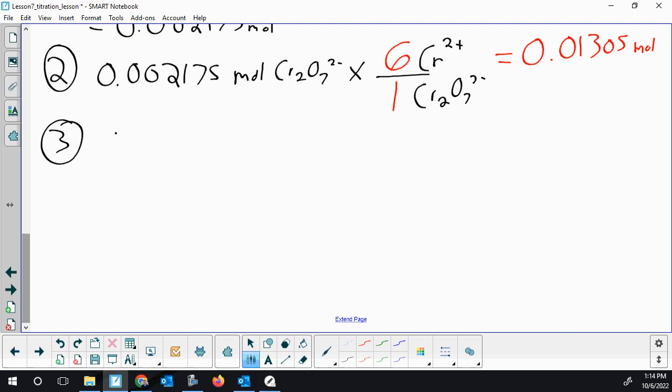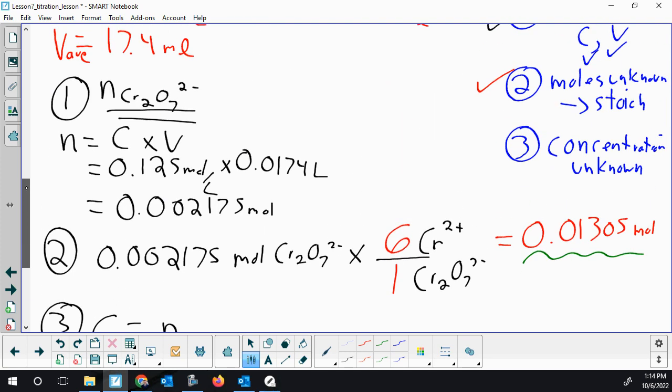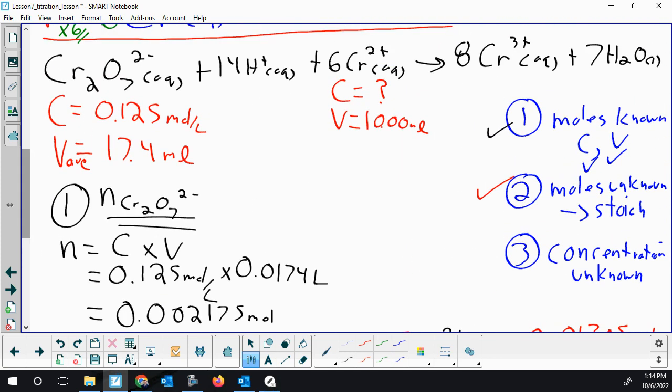Concentration, and this is going to be of our chromium 2, is moles per volume, moles per liter. Well, there's the moles of chromium 2. And I know we summarized the volume. There's the volume. So we have the two pieces.